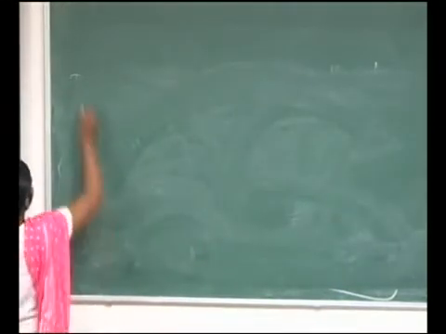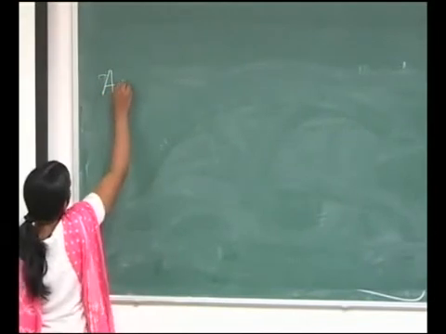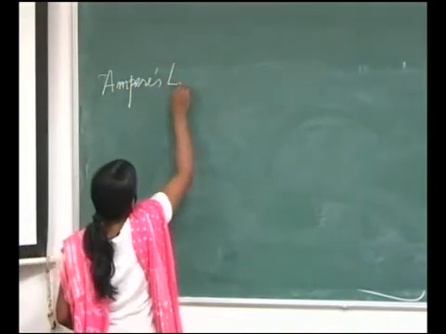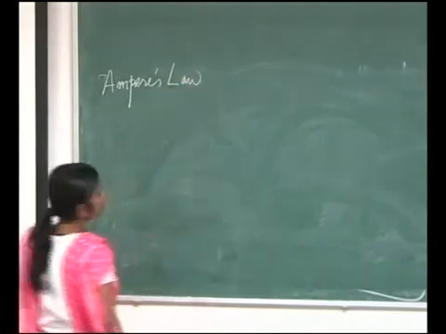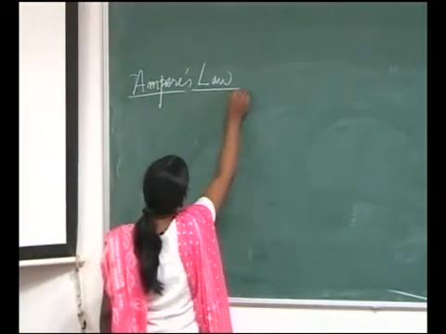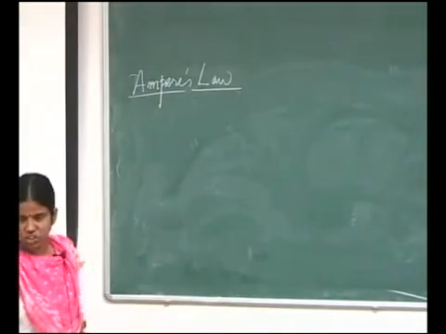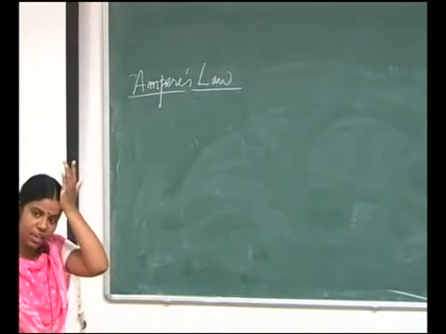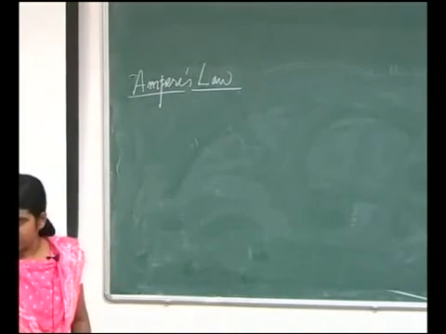And this is called Ampere's law. Okay. This is Ampere's law, the advanced formalism or advanced picture of the Biot and Savart law is Ampere's law, which led to the third Maxwell's equation. Okay.